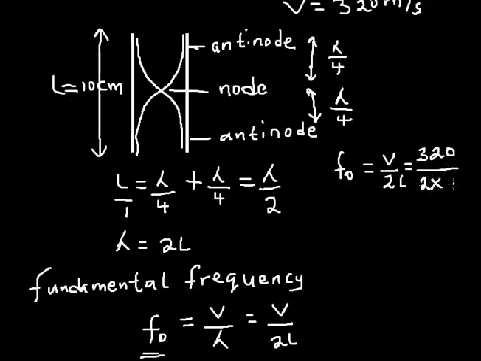Converting 10 cm to meters, 10 divided by 100 is 0.1.